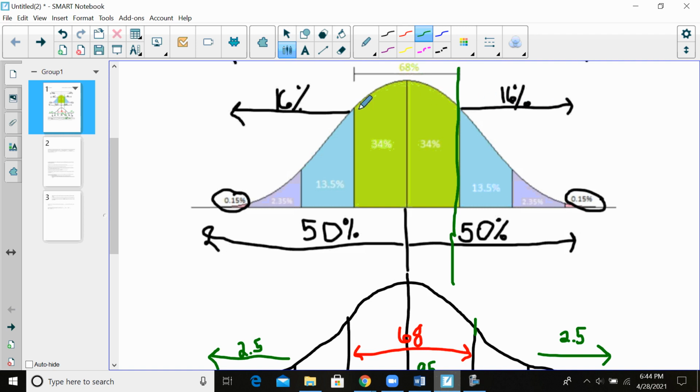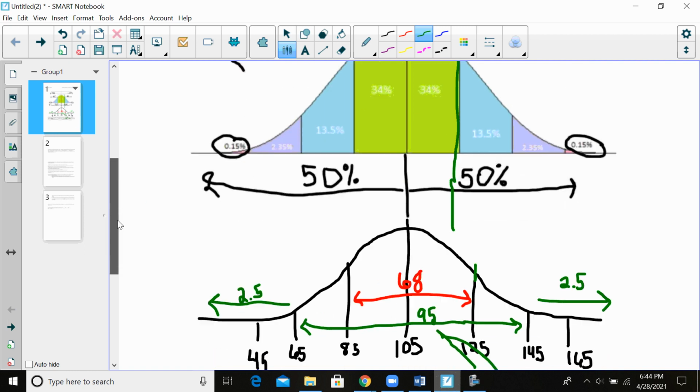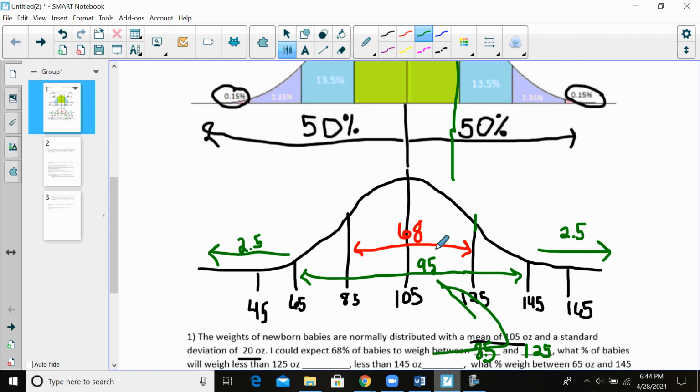The whole curve is 100%. Okay, so then what percent would I expect to be from this point and below? With 16% this way, right, that would leave me with 84% on the other side. Okay, so 84% less.